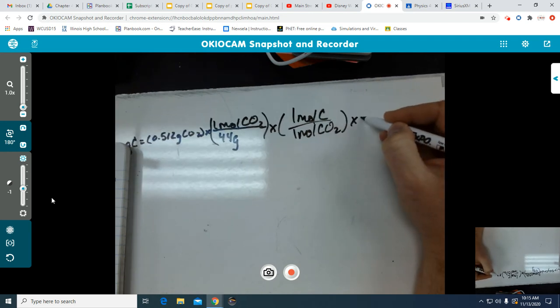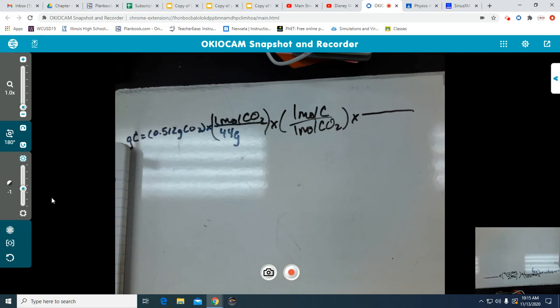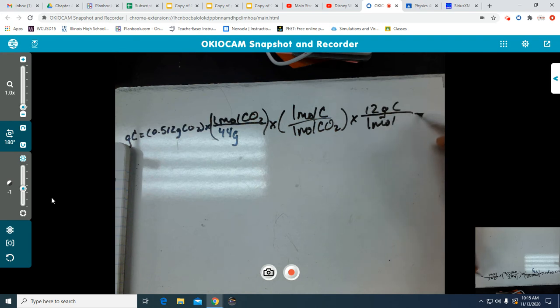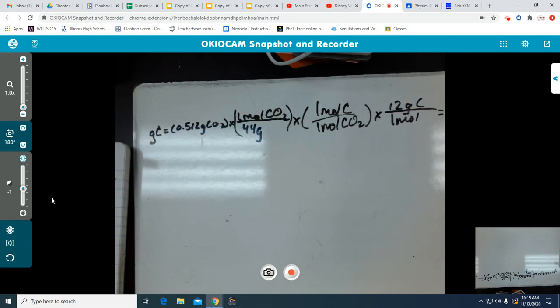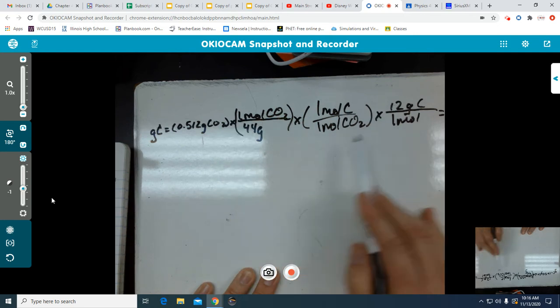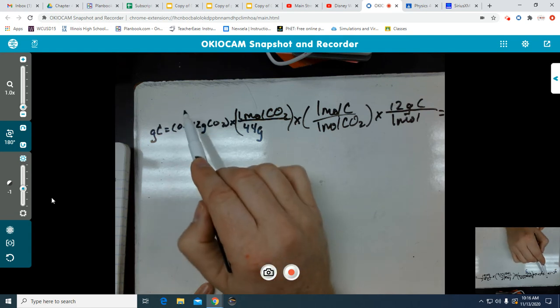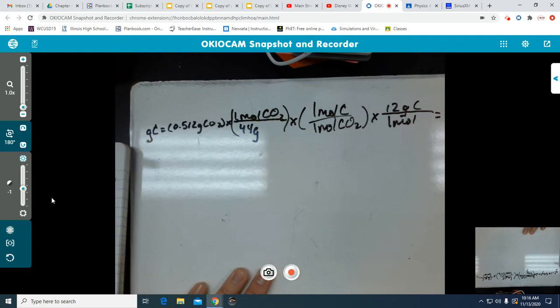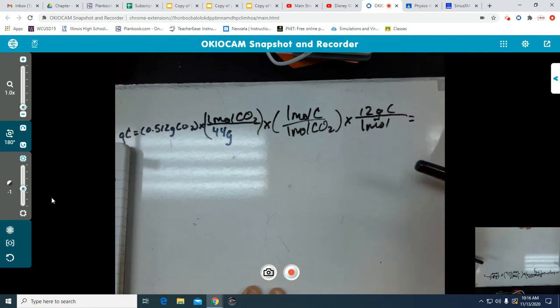And then we determine the grams of carbon by using the molar mass of carbon, which is 12 grams per 1 mole. So this all stays the same for carbon dioxide and carbon. The next one is going to stay the same for hydrogen and H2O. The only thing that changes is the given mass. Can't stress that enough.